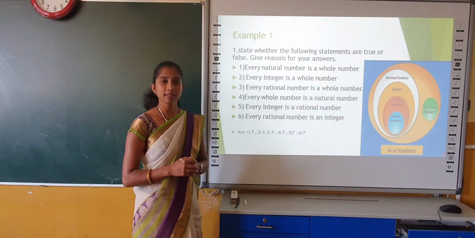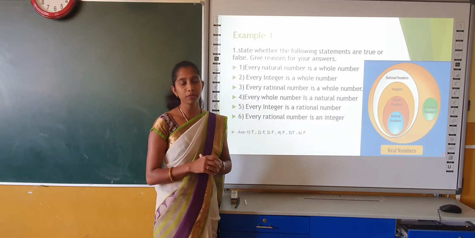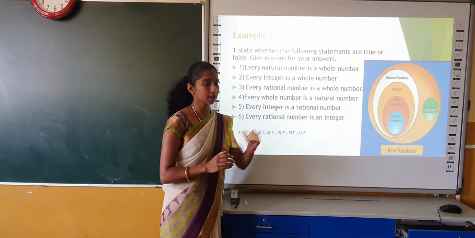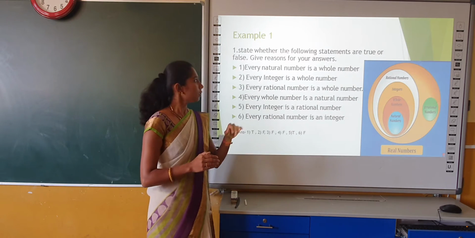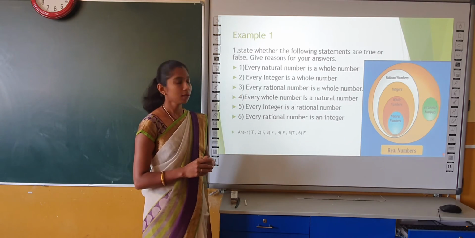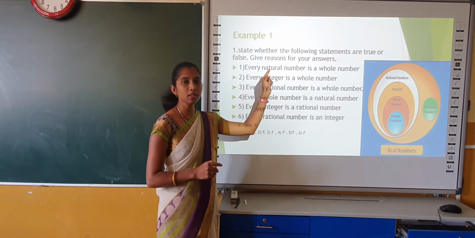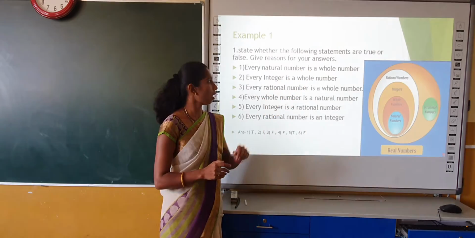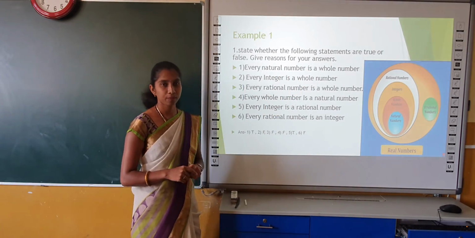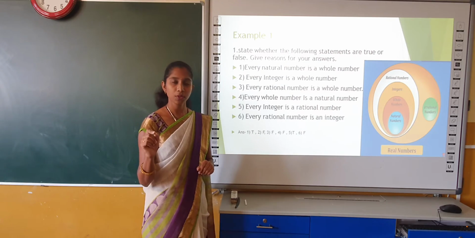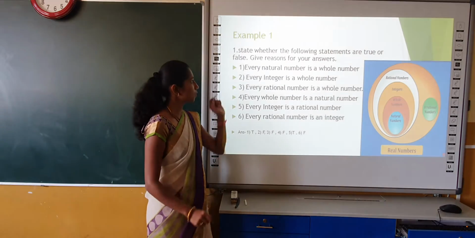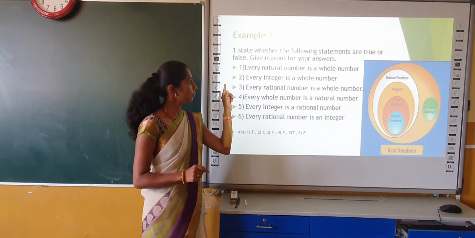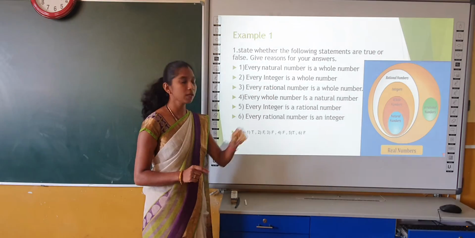Now, let us discuss one example problem based on that diagram. The question here is, state whether the following statements are true or false. Give reason for your answer. The first statement is, every natural number is a whole number.